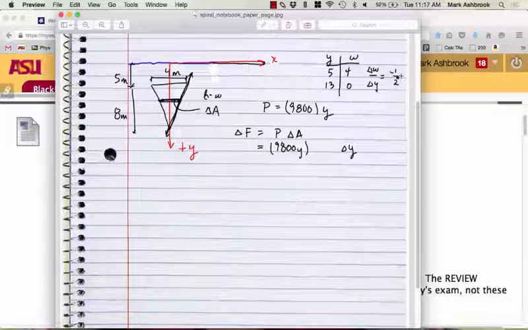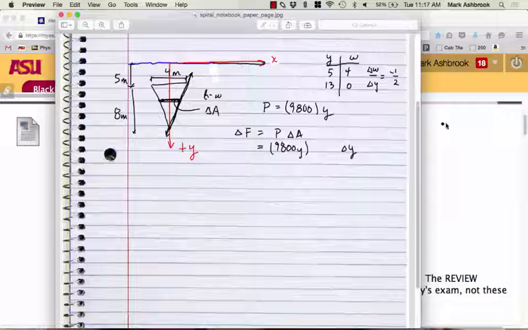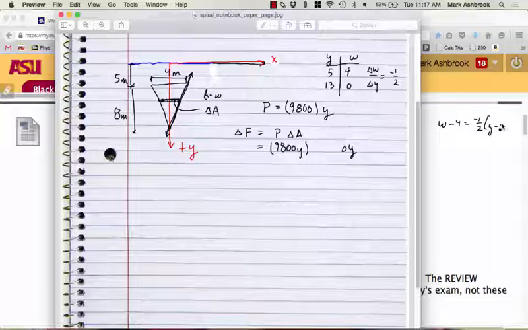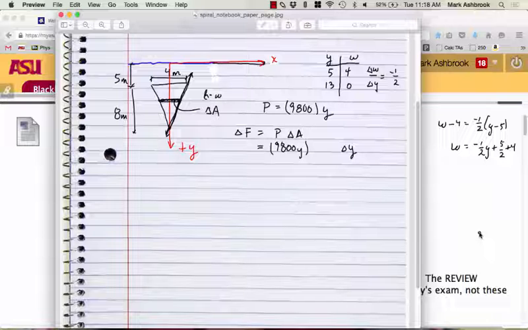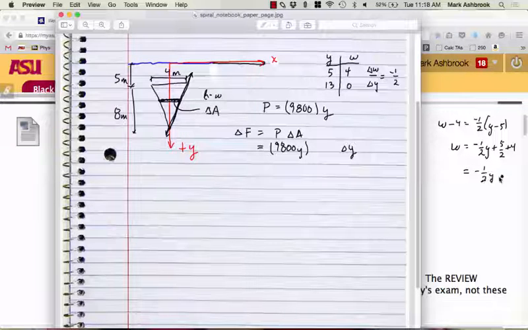And so then we would have w minus 4 equals negative 1/2 (y minus 5). And w equals negative 1/2 y plus 5/2 plus 4, or negative 1/2 y plus 13/2.